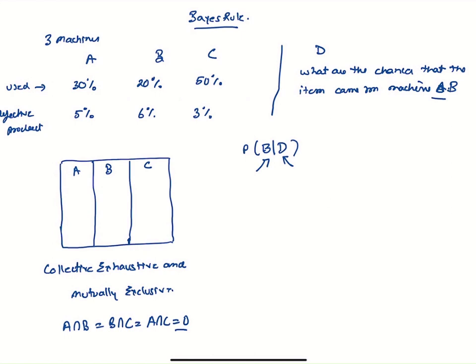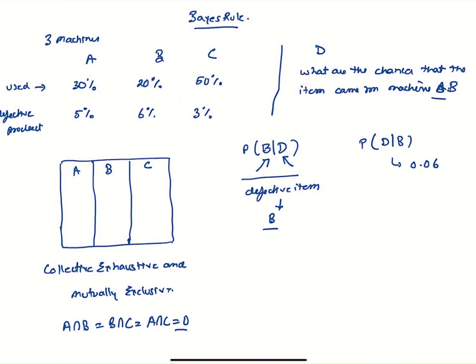Now here's the difference, and it's critical. This is different than the probability of D given B, which is the probability of a defective item given that it's machine B, which we already know is 0.06.